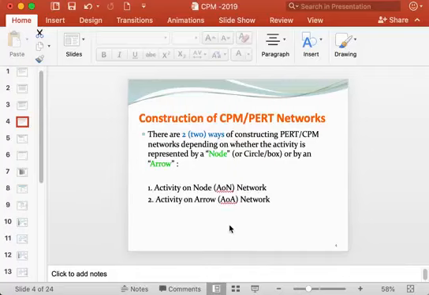If a project network is constructed using arrows representing the various activities, then such a network is called an activity on arrow network. So we can see this in the following slides.